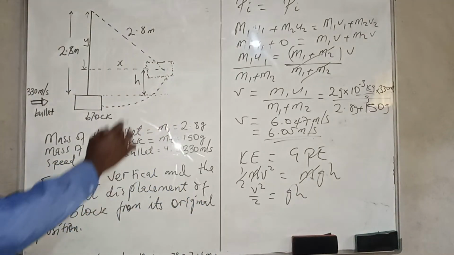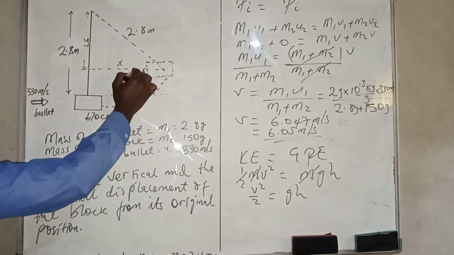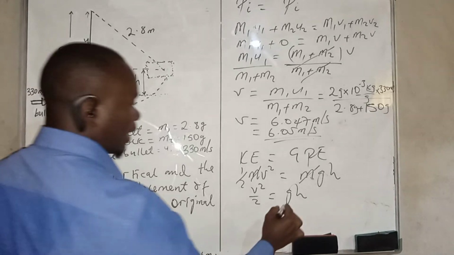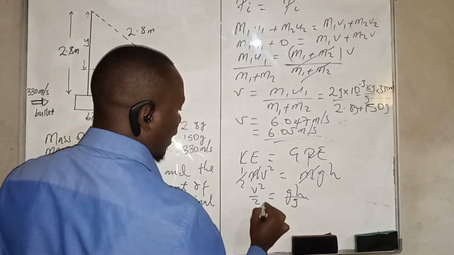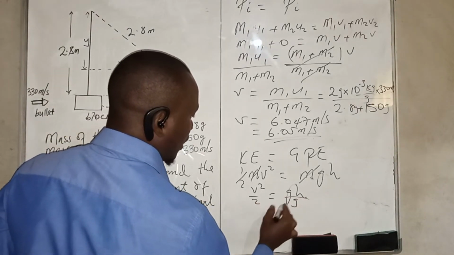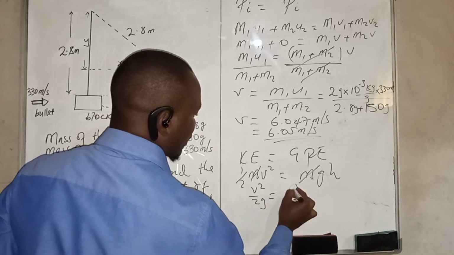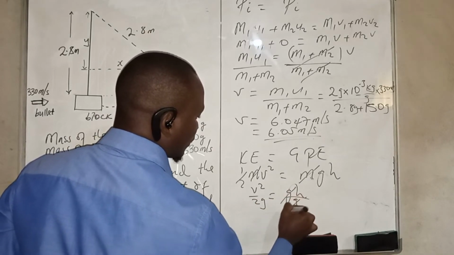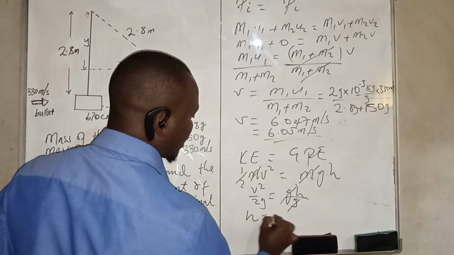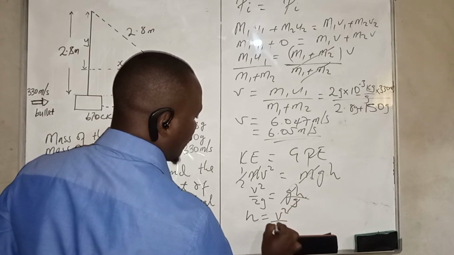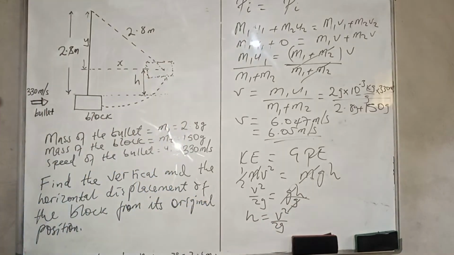But we want to find h, which is the vertical displacement. So we can divide by g on both sides, so that we have h is equal to v squared over 2g.